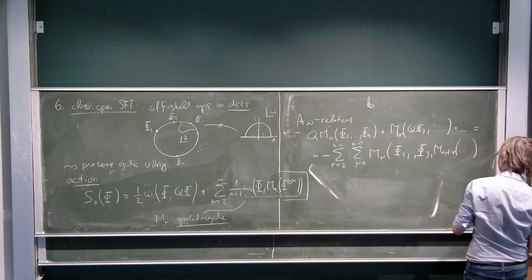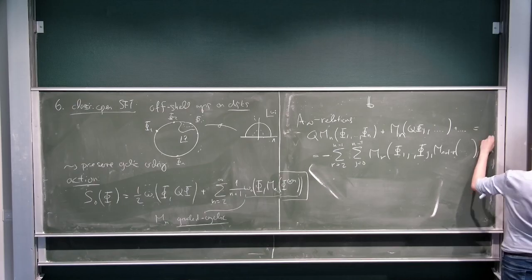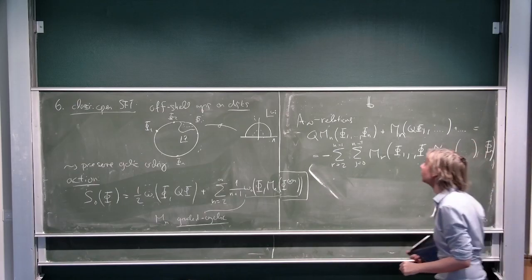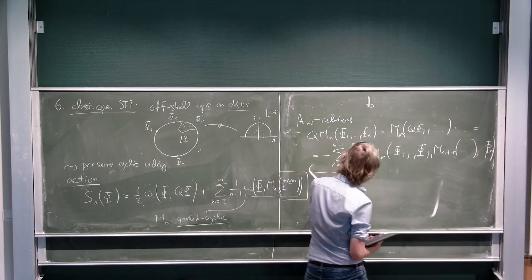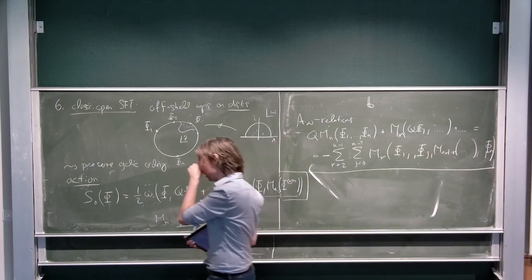There will be some insertions inside, and then also some insertions behind, and then finally we would close off the sum. Okay? So that is the corresponding algebra of the string products in the open string case.